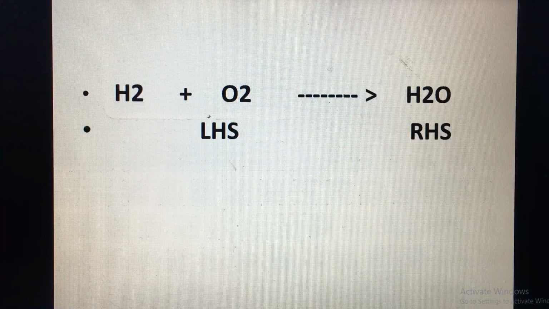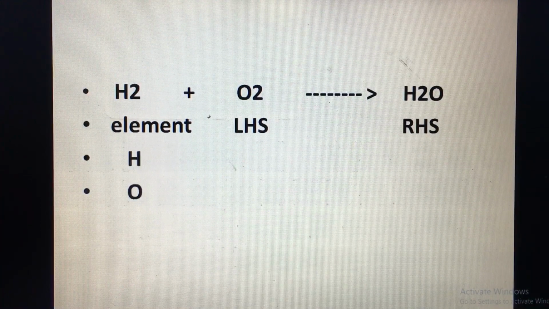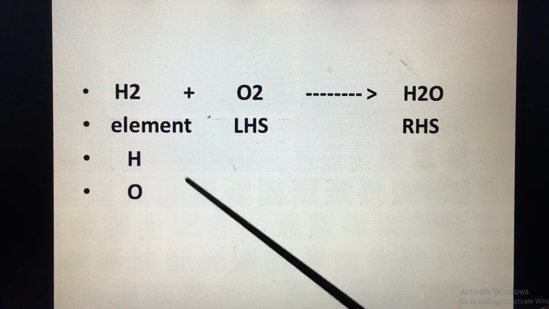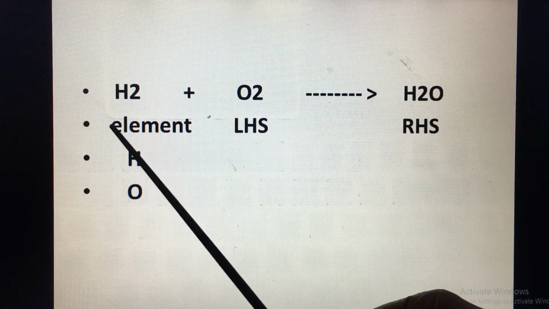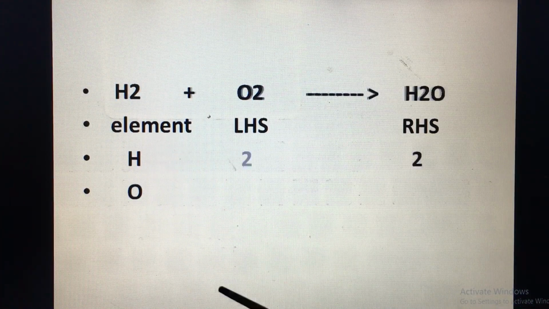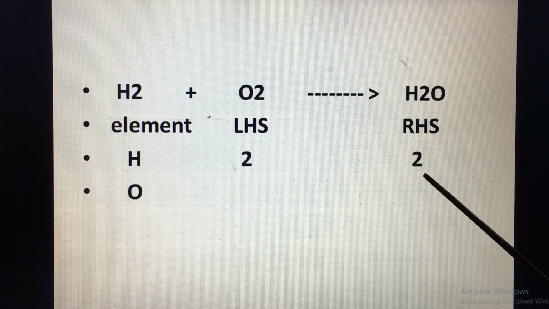And what are the elements involved in this reaction? In this reaction, the elements are hydrogen and oxygen. How many hydrogen atoms are on the left side? 2. And on the right side, 2 hydrogen atoms.